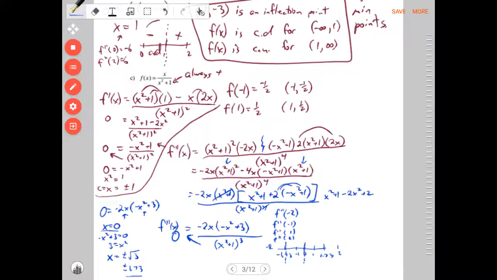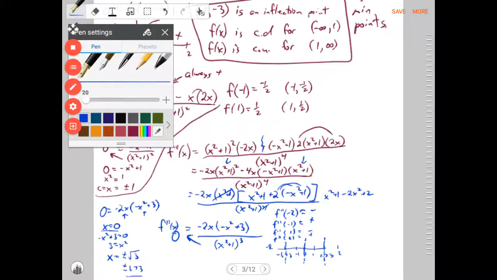When we try f double prime of negative 2, we get a negative number. We just type that into our derivative. Negative 1 gives a positive number, positive 1 gives a negative, and positive 2 gives a positive.